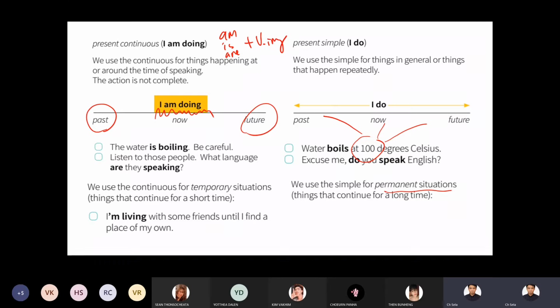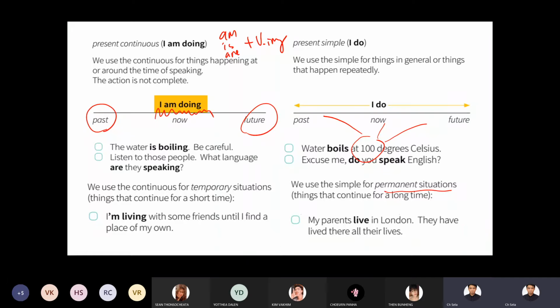You just stay with them for some time. After you find a place on your own, you're going to move to the other place and stay there. My parents live in London. They have lived there all their life. So this is something that happens for a long time, not for a short time.